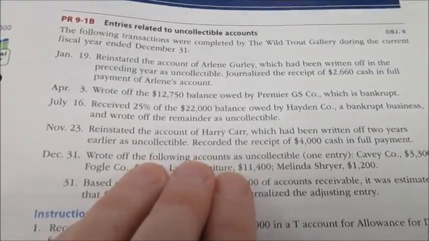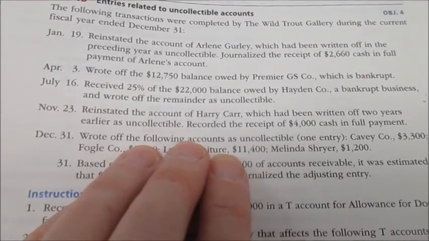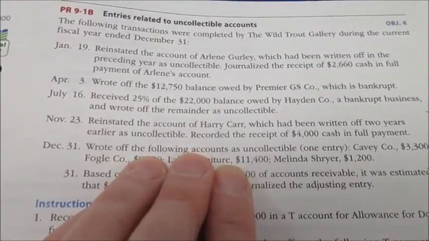November 23rd, reinstated the account of Harry Carr, which had been written off 2 years earlier as uncollectible, recorded the receipt of $4,000 cash in full payment.